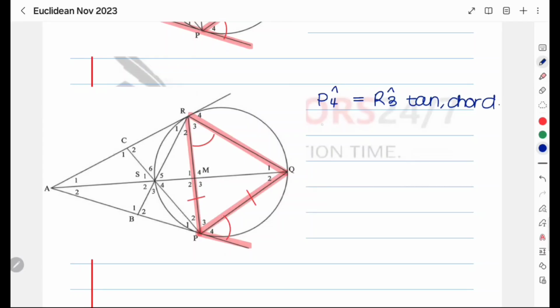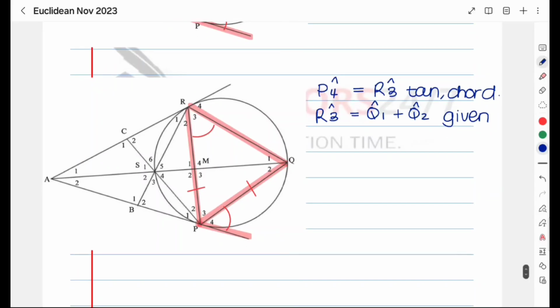We also know that R3 is equal to Q1 and Q2. The reason is given. Now that we know what P4 is equal to, and we know what Q2 is equal to, we can now substitute them back into that original equation.